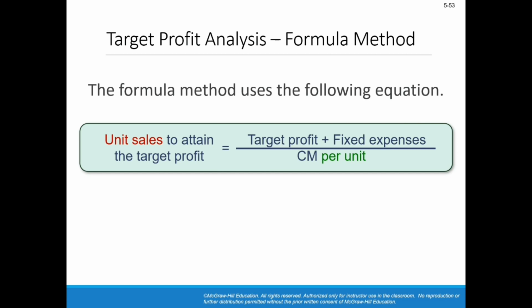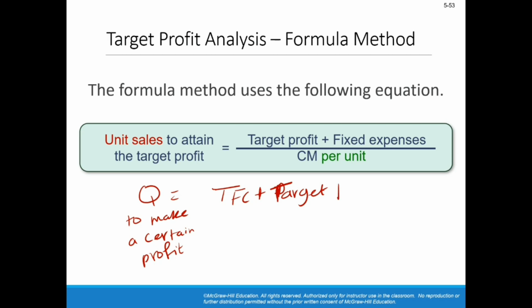Quantity, in terms of quantity, so again, I told you that Q, to make a certain profit, or for target profit, is equal to total fixed cost plus, let me call it the target profit, which is the $100,000 in our example, the preceding one, over CM unit, or unit CM.